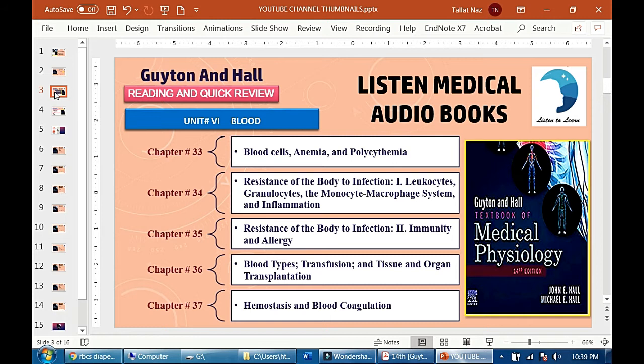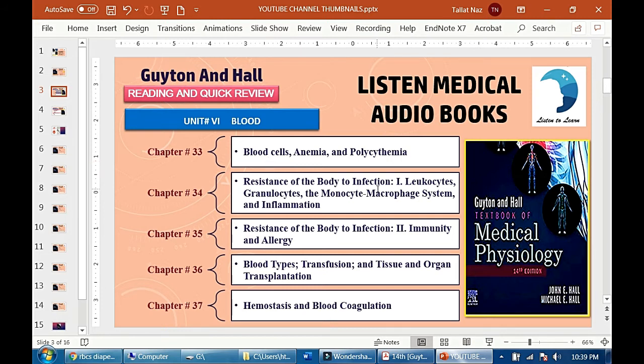Chapter 34 consists of resistance of the body to infection, and it has two parts. One in chapter 34 consists of leukocytes, granulocytes, monocytes and macrophage system and inflammation. While chapter 35, which is part 2 of resistance of the body to infection, consists of immunity and allergy.